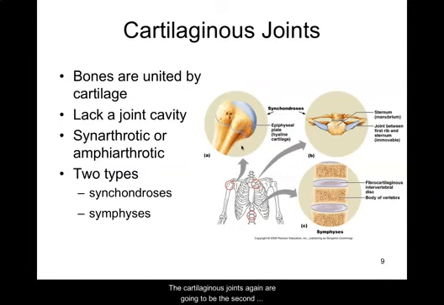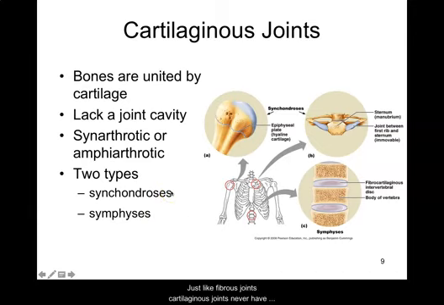The cartilaginous joints, again, are going to be the second anatomical classification or structural classification of joints, and there are two specific types of cartilaginous joints. These are distinguished based on the type of cartilage that's connecting the articulating surfaces together.